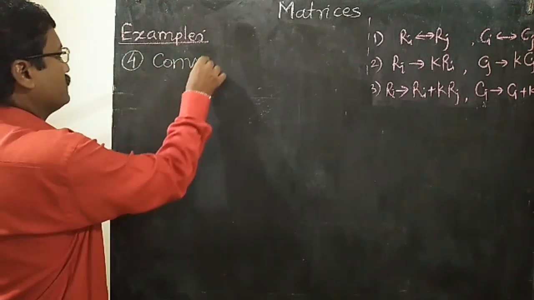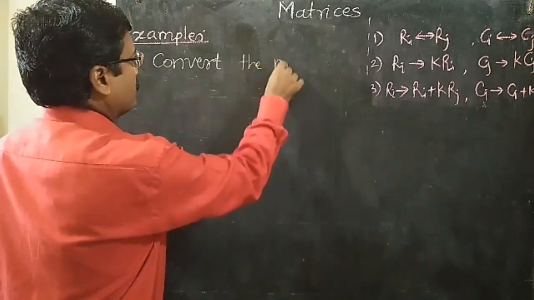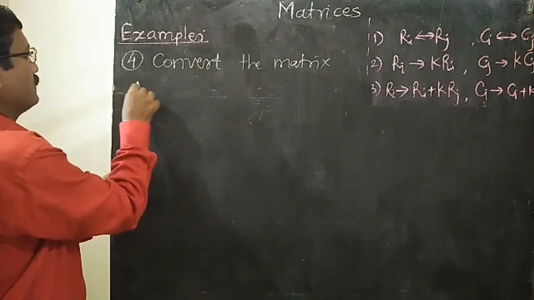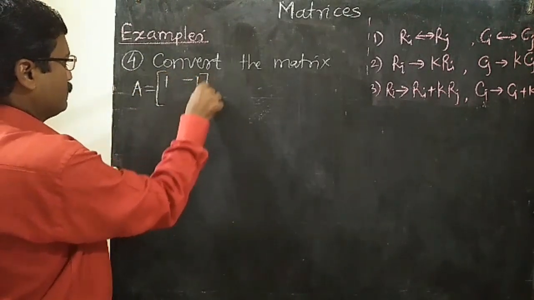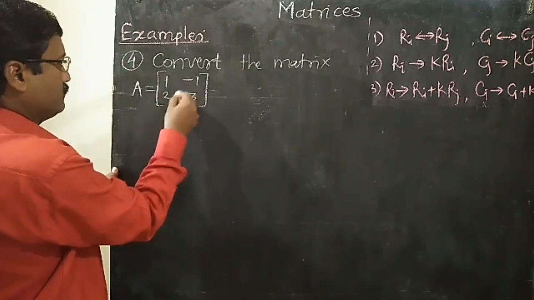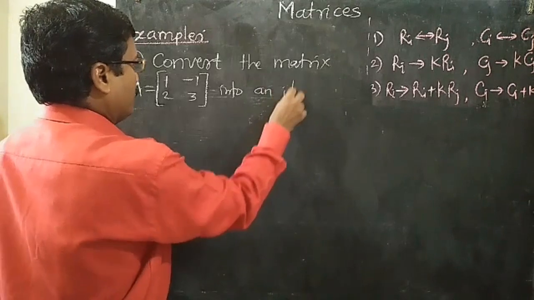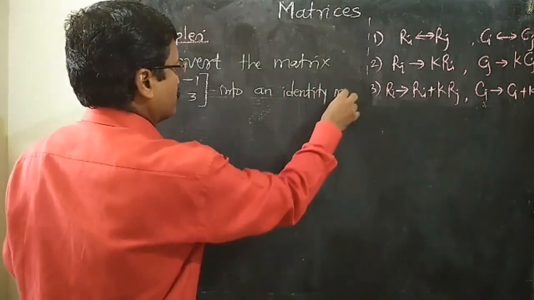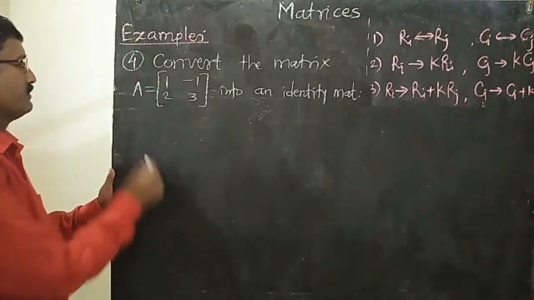Convert the matrix A equal to 1 minus 1 2 3 into an identity matrix by suitable elementary row transformations.